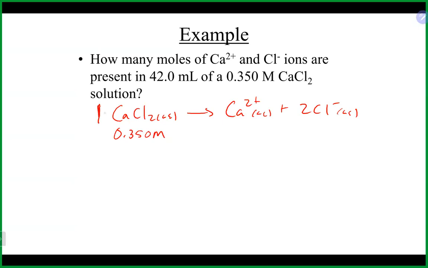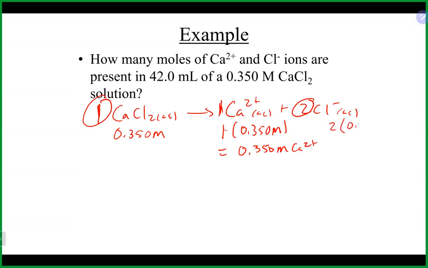Between the whole thing and just the calcium ions, it is a 1-to-1 relationship, which means the concentration remains the same, so we have 0.35 molar calcium. Between the whole thing and the chloride ions, it's a 1-to-2 relationship, which means we multiply the concentration by 2. That gives us 0.7 molar as the concentration of our chloride ions.